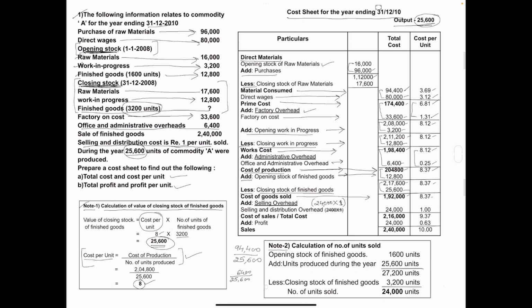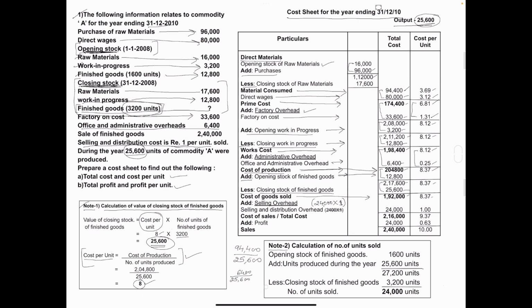Now we have to less closing stock of finished goods, which they have mentioned here, 3,200 units. From 27,200 units minus 3,200 units, the final units is 24,000 units. This is number of units sold.